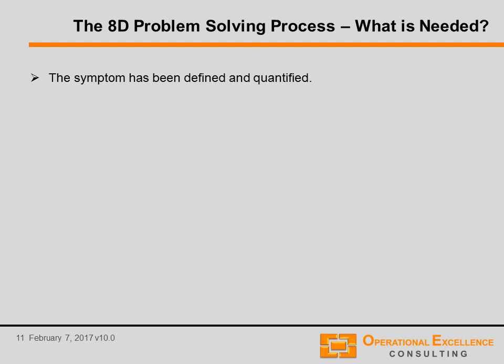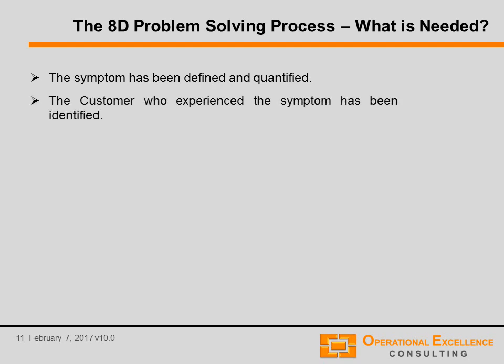Something that an internal or external customer experiences, and that shows us that we have a problem. We may not exactly know what the problem is. We only know that there is a problem that causes a symptom that then leads to a customer complaint. So the symptom needs to be defined and quantified. That's the first thing we need to do. We need to understand what the symptom is.